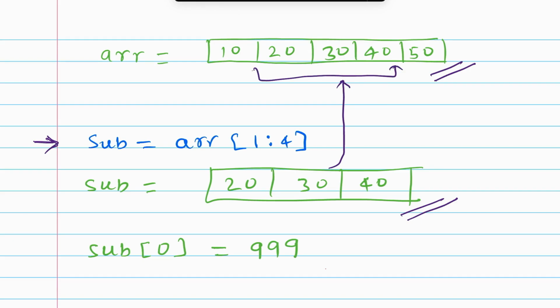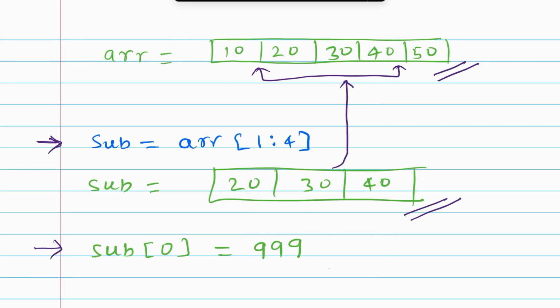Now if you do sub[0] equals 999, you are modifying the data at index 1 of the original array. So now array becomes 10, 999, 30, 40, 50. That's why people get confused. They think they changed only sub, but the original array also changed.